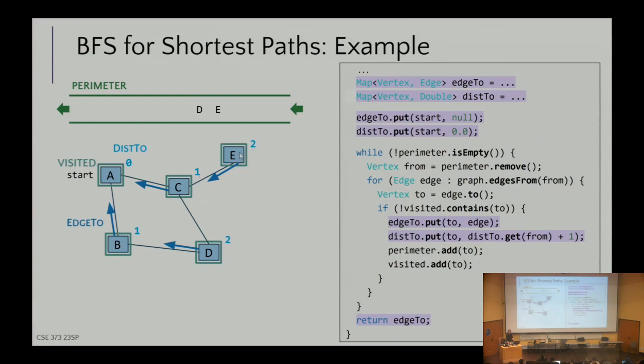And now E's path, working backwards: E points at C, C points at A. So when you are finally ready to report the results, if I say, okay, give me the shortest path from A to D, you would look up D in your map, and you would see that D's edge 2 is B, and then you would look up B's edge 2, and you would say it's A, and that's how you recreate the path. You start at the terminus and then jump through the map to recreate the path that gets you there.